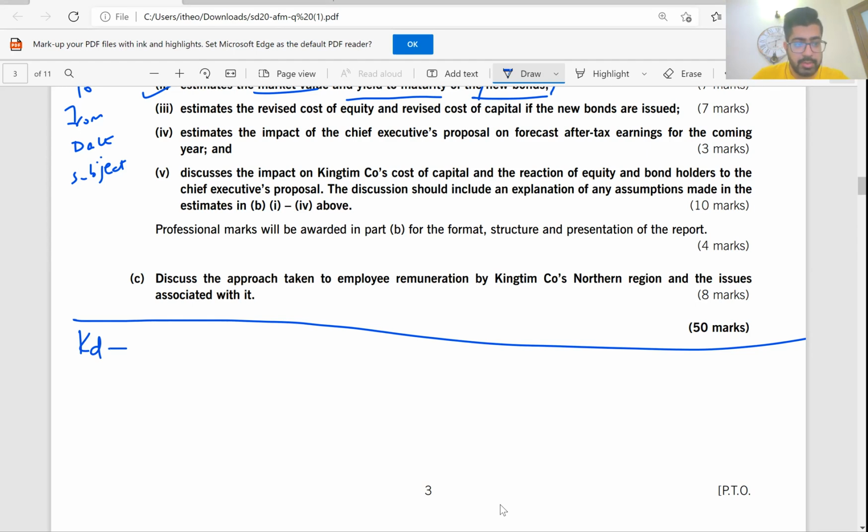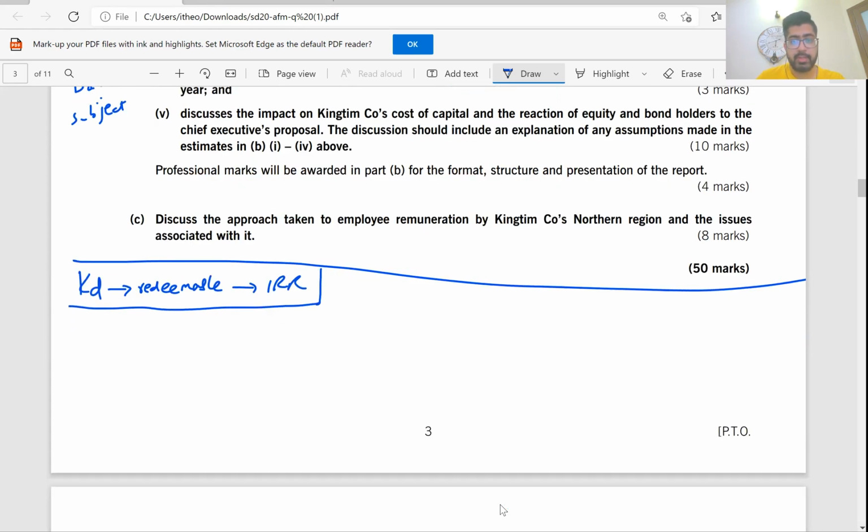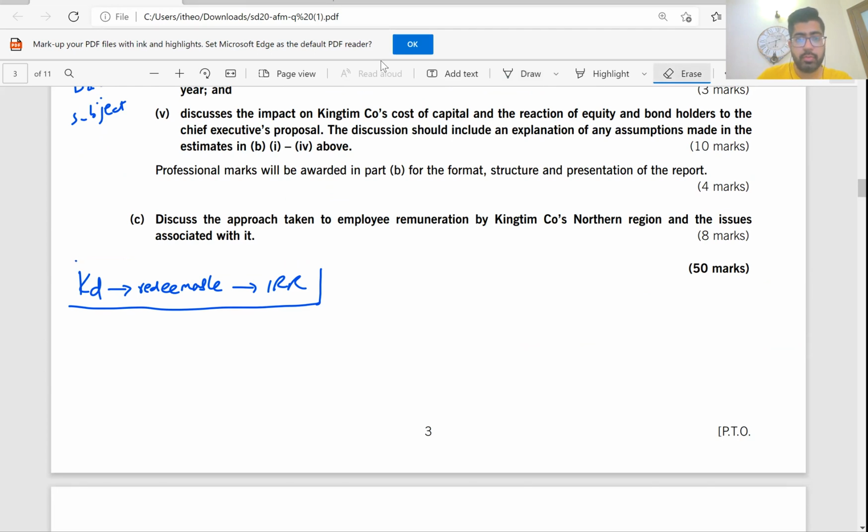This bond is redeemable, so we will use the IRR approach. Whenever bonds are redeemable, to find cost of debt we use the IRR approach. So let's apply the IRR approach to find the cost of debt, also called yield to maturity.